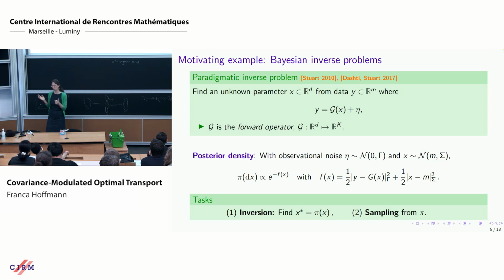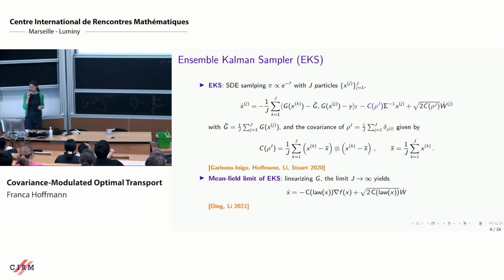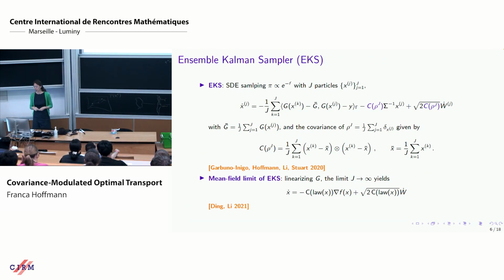That's the idea of these ensemble Kalman methods. And there is in particular an algorithm for sampling that we proposed in 2020, so this is relatively recent, that directly gives rise to the PDE that I showed you. That's why I briefly want to introduce this, but just to say that there's a huge literature on these.